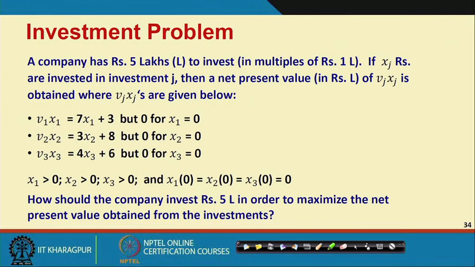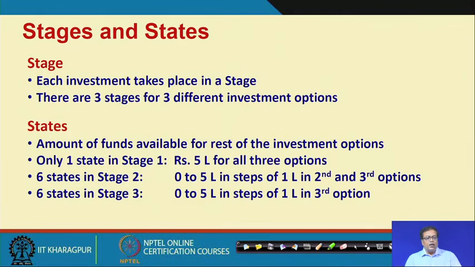That is what we have seen in the principle that I discussed in the previous slide. So, what could be some stages and the states in this given problem? Each investment takes place in a particular stage, and there are 3 stages for the 3 different investment options. Each investment option will basically contribute to one stage.